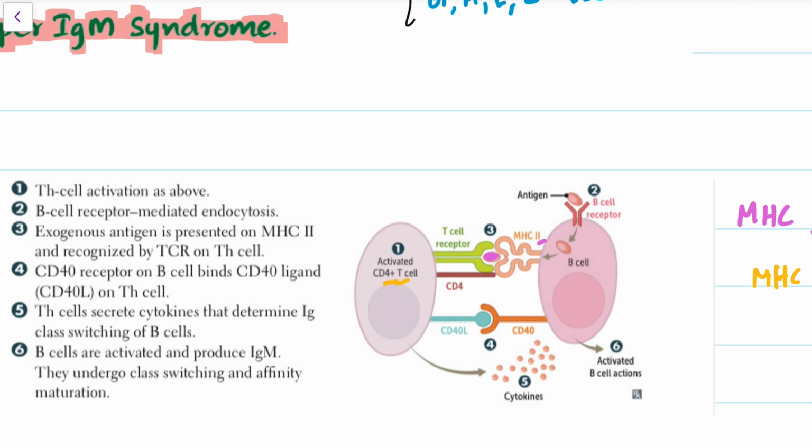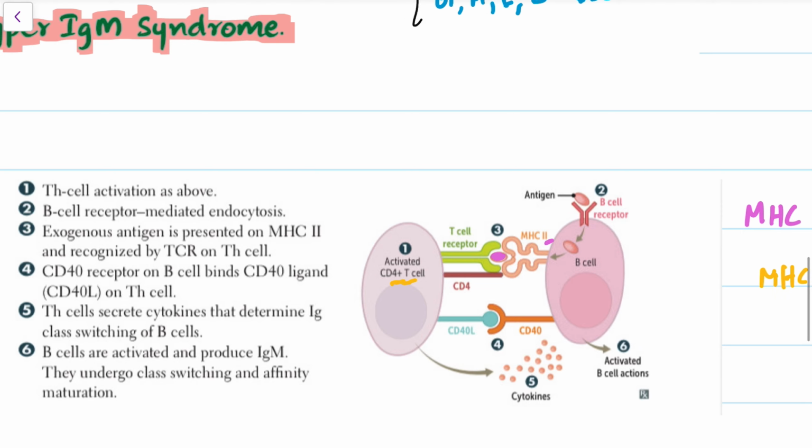CD40 is cluster of differentiation 40 receptor, and the T lymphocyte has a CD40 ligand. So when these two combine together, then it knows that, okay, I'm doing the right thing, so it will carry out the function, and thereby it will release cytokines which are very toxic to the antigens, and this will go and attack the antigen, and the antigen will be destroyed.